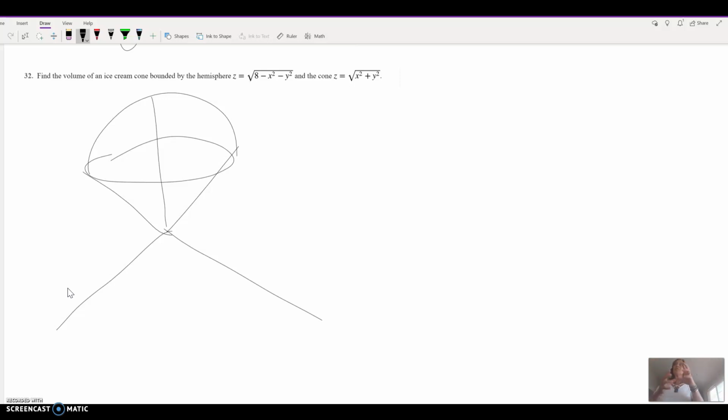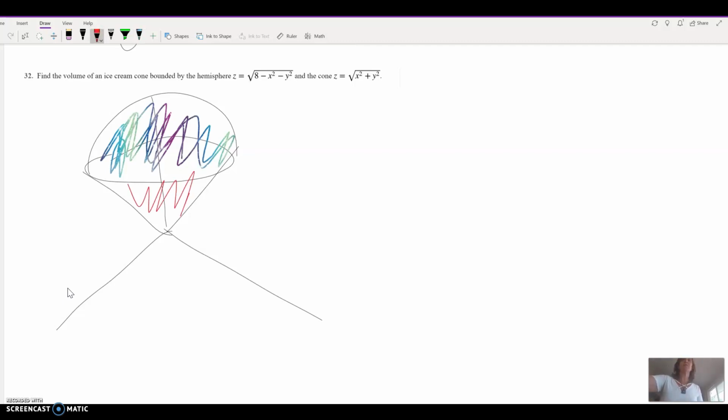So this is a pretty perfect ice cream scoop. My job is to find all the volume in between this surface, the hemisphere, and not a plane, but this surface, the cone. So I'm finding the volume in between two surfaces where neither of them is flat.